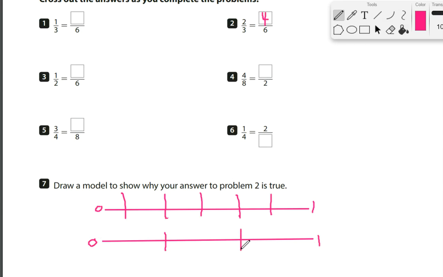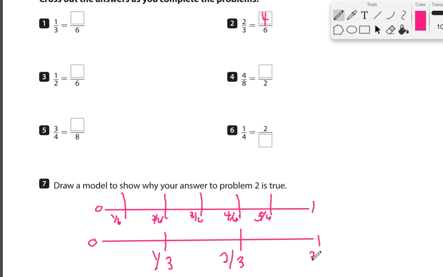So thirds, thirds. Labeling these is going to be a little tricky. I recommend doing them sideways, because if we try to do them vertically, we're going to run out of room fairly quickly. So here I'm labeling all my fractions on my number line. My thirds are so much easier. The sixths were kind of hard because we had a lot of numbers there.